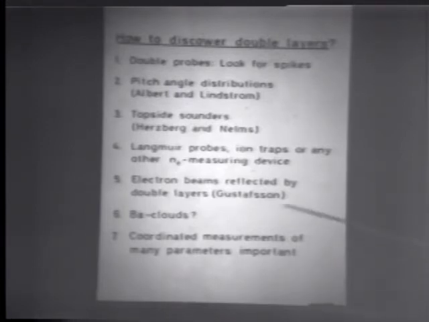And also one could shoot an electron beam from a rocket or for example from the shuttle when this is in operation, and see how they are reflected by the double layers and look for the return fluxes. This has been proposed by Gustafsson in Kiruna. I don't believe that barium clouds would be good because they would probably destroy the double layers.